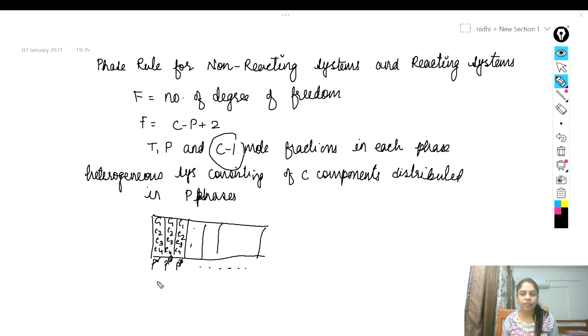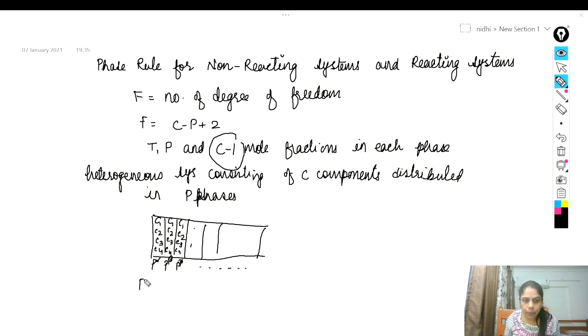Since there are P phases, how will you define the number of concentration variables required to define the state of the system? Because we know that there are P number of phases and the concentration for components is C minus 1.